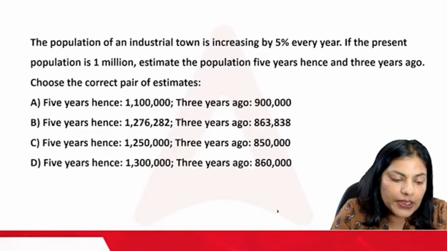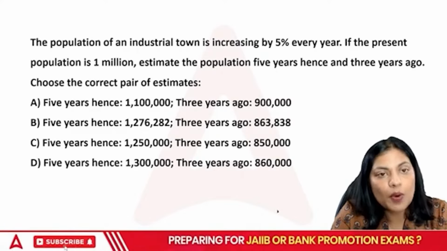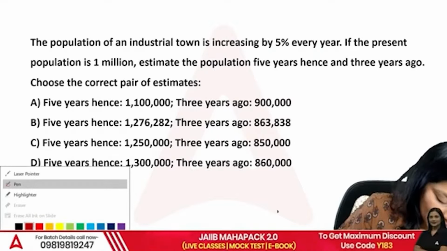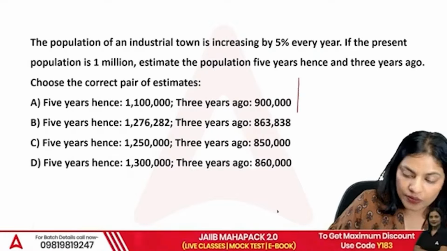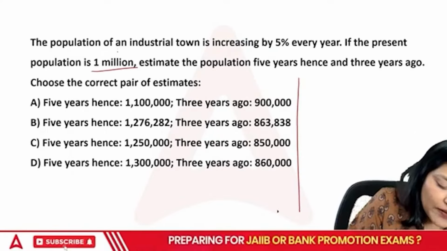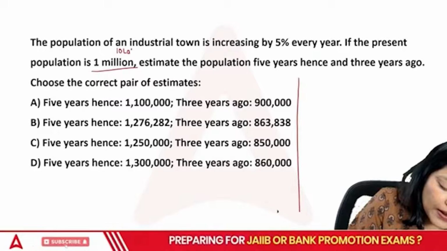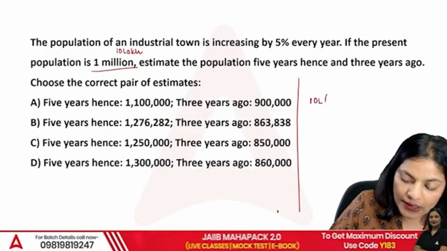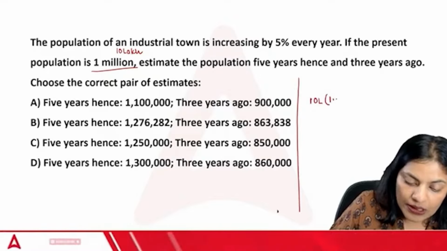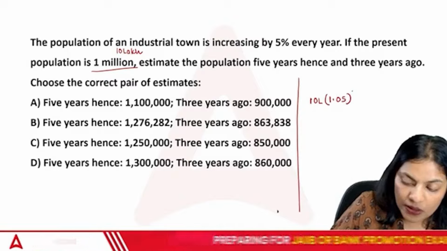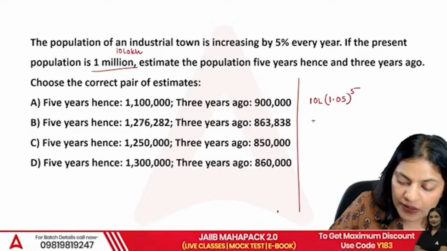You have to calculate the population 5 years hence and 3 years ago. Now, the population is 1 million, which is 10 lakh, correct? So, 10 lakh, it is increasing at a rate of 1.05 for 5 years, correct?